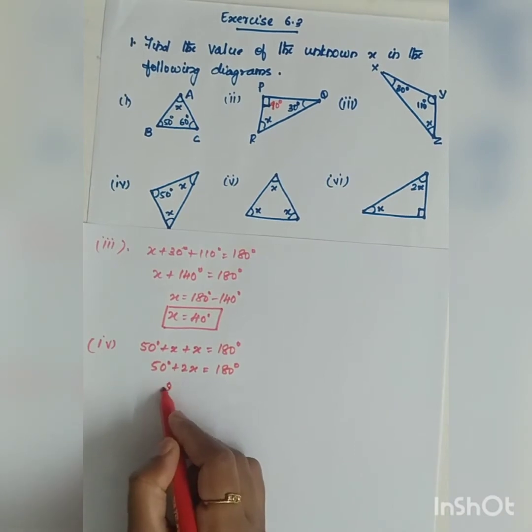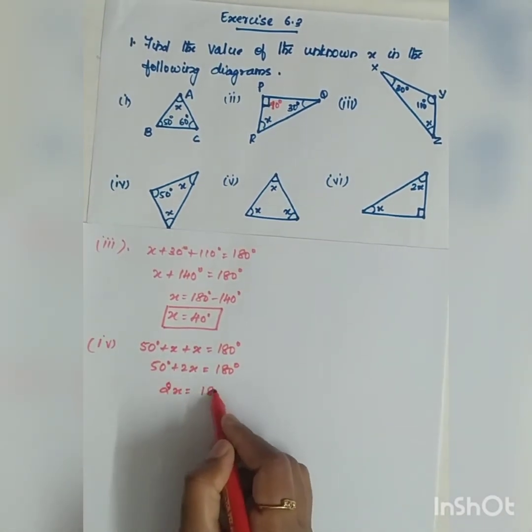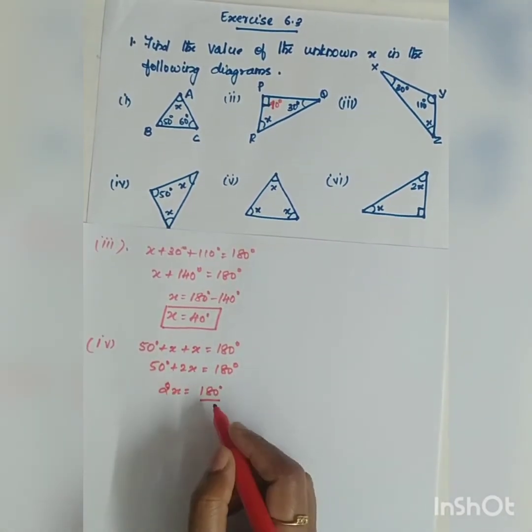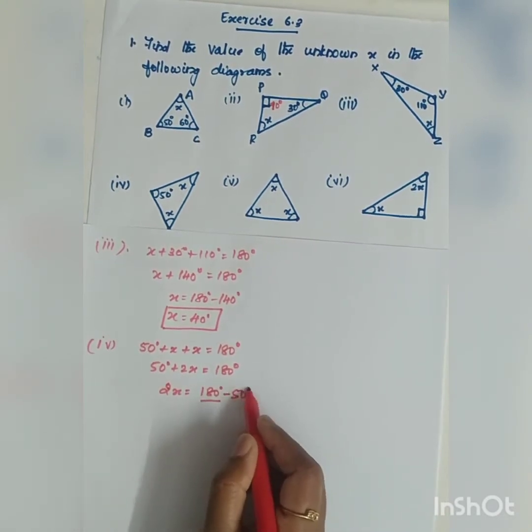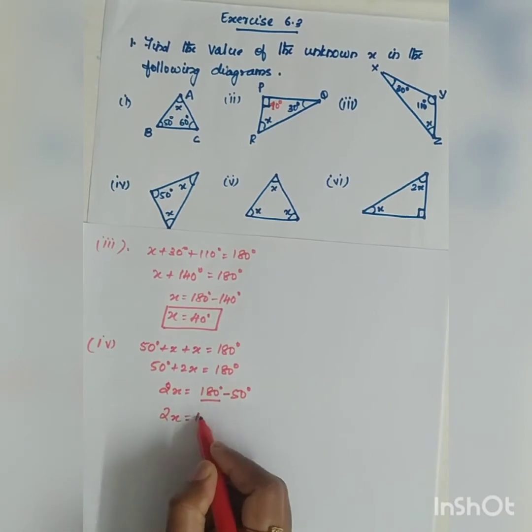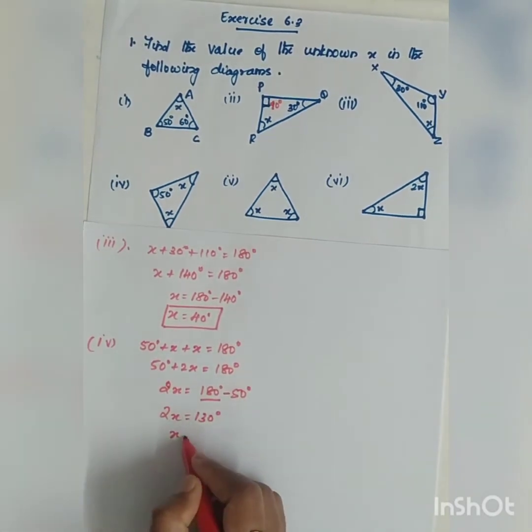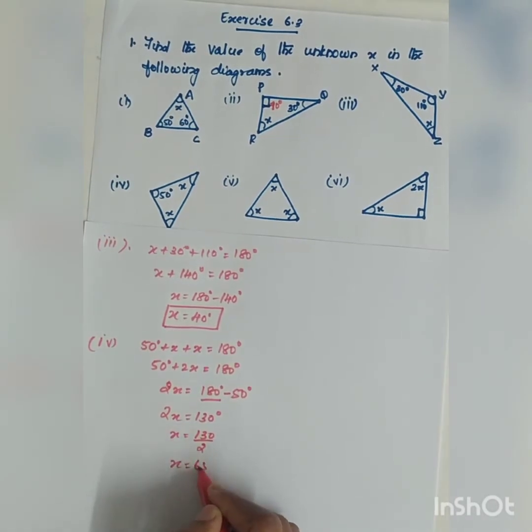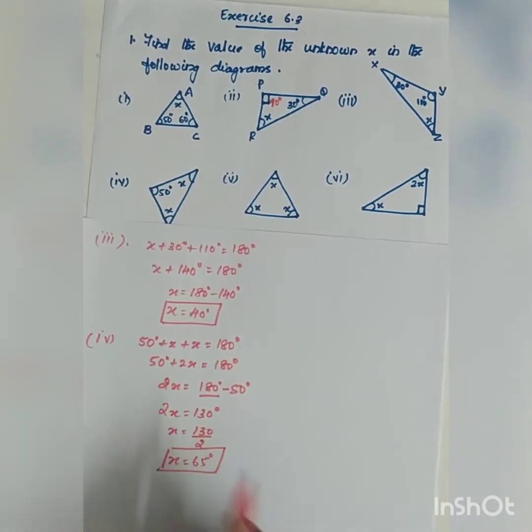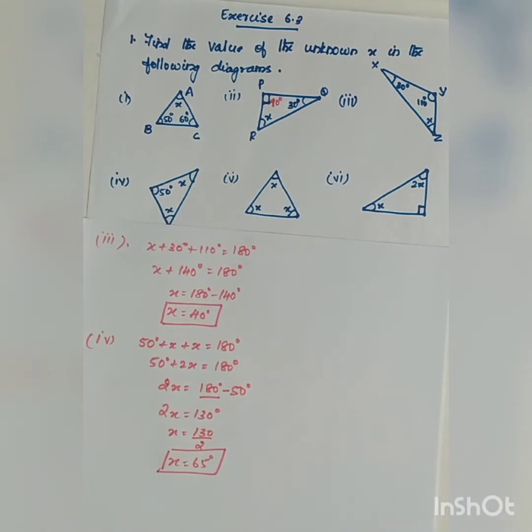So 2x is equal to 180 degrees minus 50 degrees. So 2x is equal to 130 degrees. So x is equal to 130 divided by 2, which is equal to 65 degrees. So now we have got the fourth question.